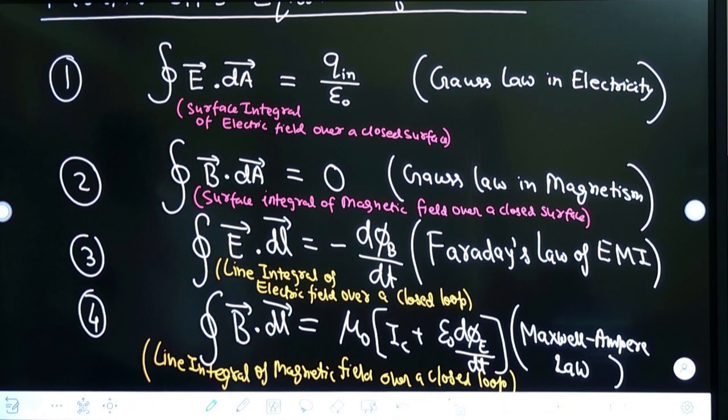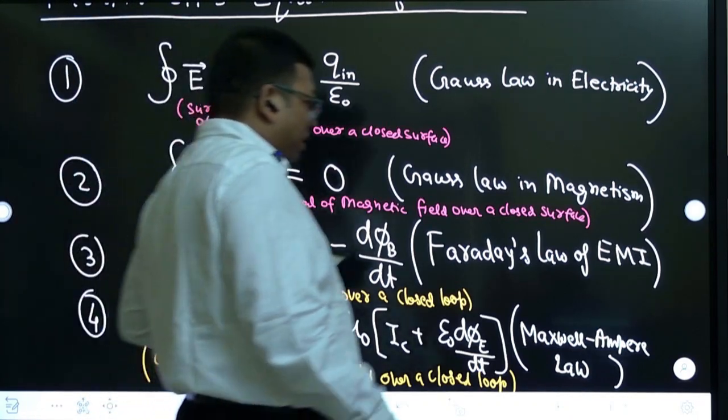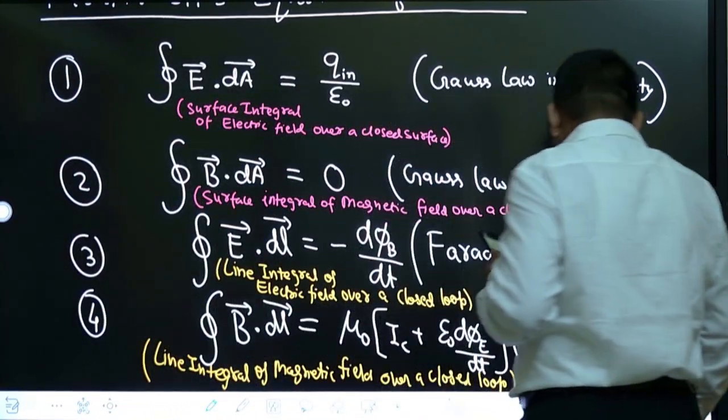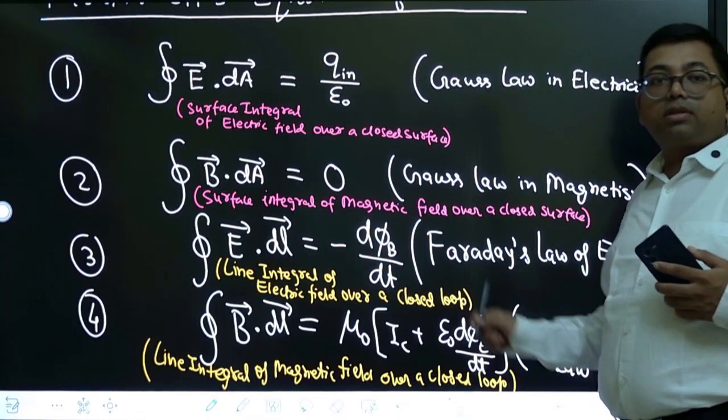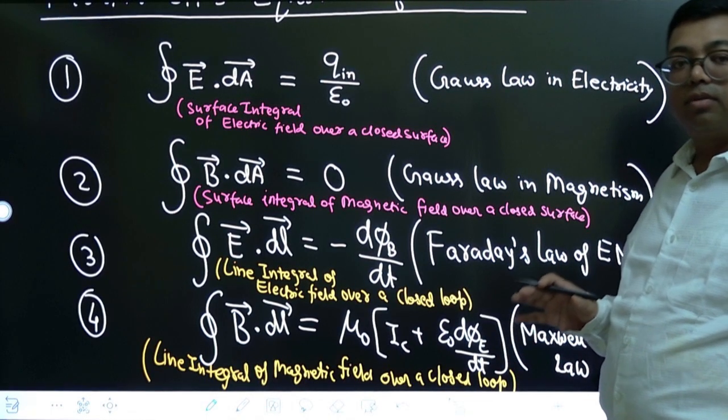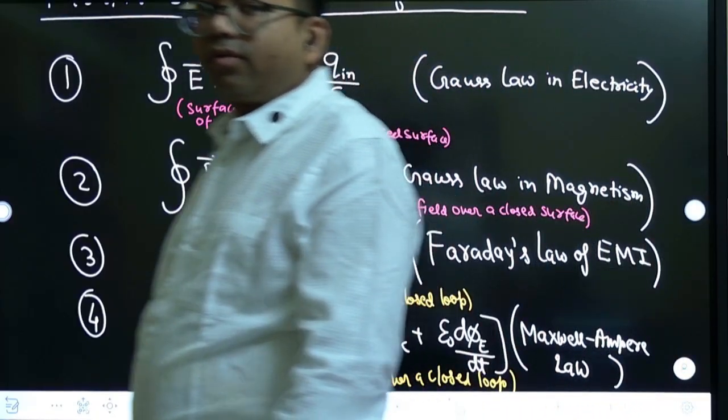Okay, so one by one I will write it and I will also explain that. So these are the normal equations which are given in textbooks. Okay, if you want to note it.